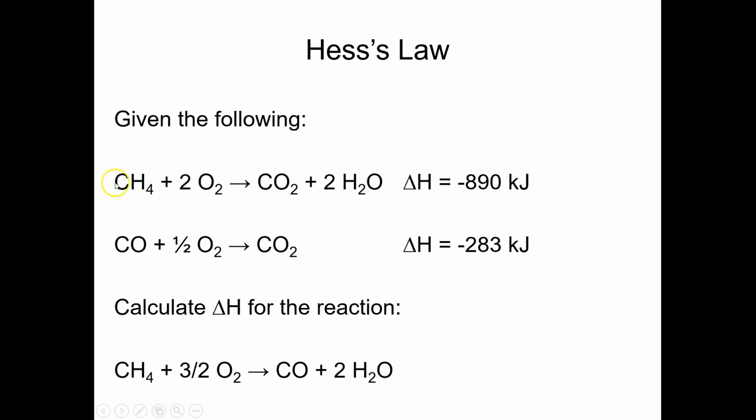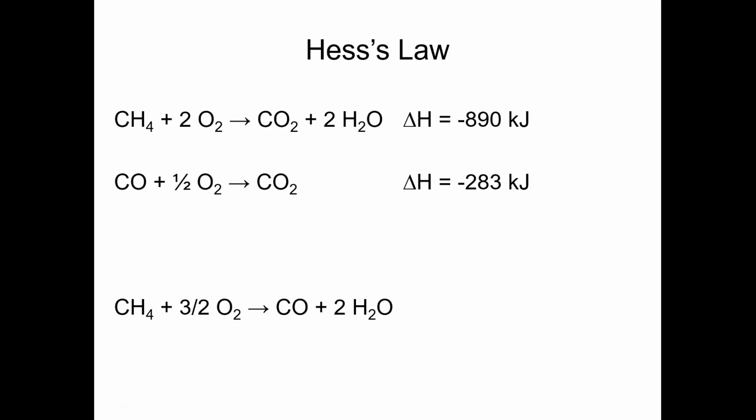These are both reactions that are very simple to do, and it is simple to determine the enthalpy changes for those reactions. Now, this is asking us to calculate instead what is delta H for this reaction, the partial combustion of methane to give carbon monoxide and water, which, as I said earlier, is a very difficult thing.